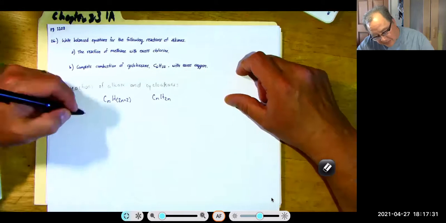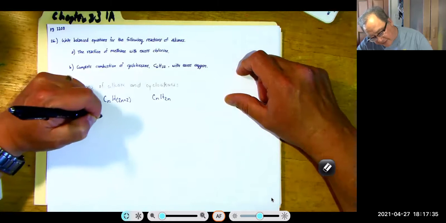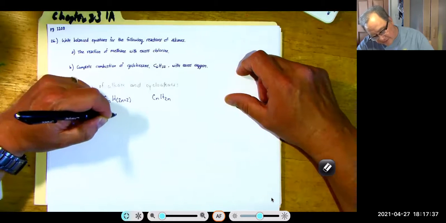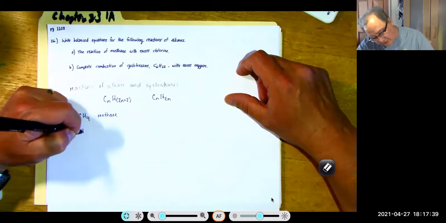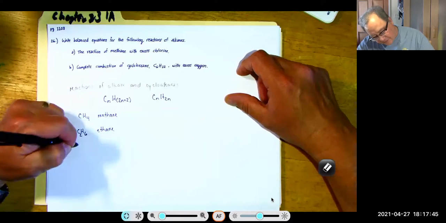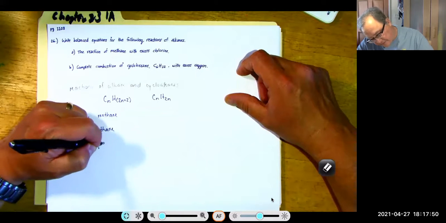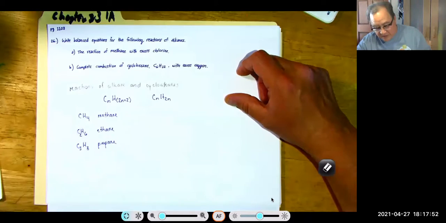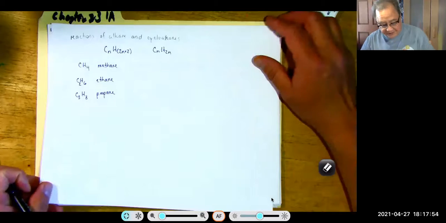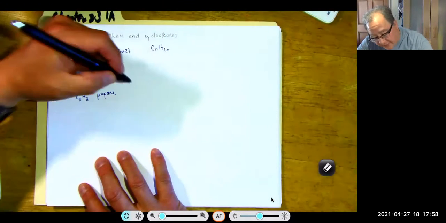So here are some alkanes. This one here is called methane. This one here is called ethane. This one is called propane. And we can do line drawings of propane. Propane looks like this.